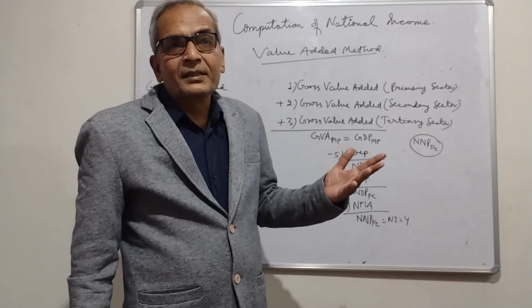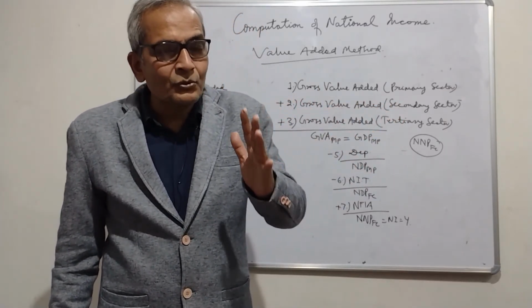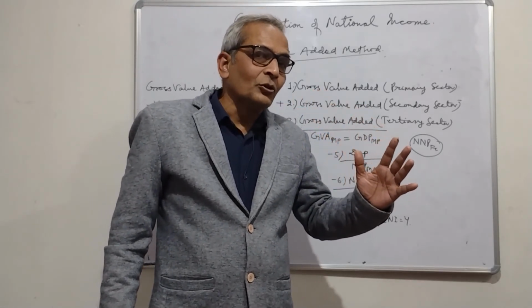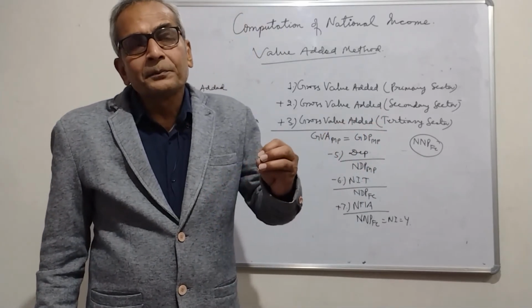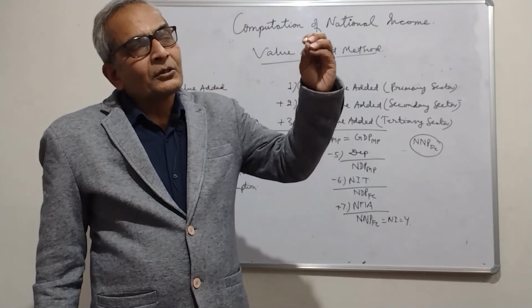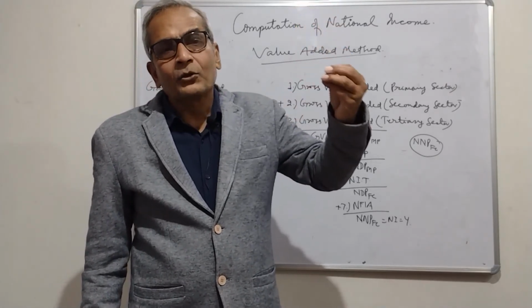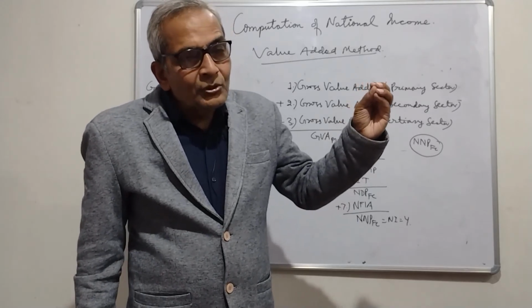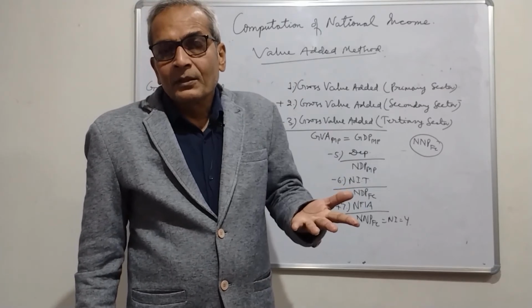I had already discussed that the next step is to look for worked out solutions in your book. Why is it important? Because it will expose you to the different items over and over again. You will use the formula also over and over again.